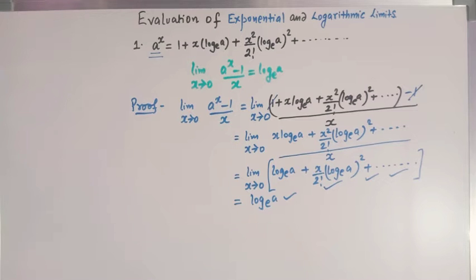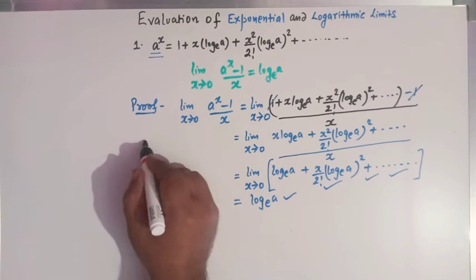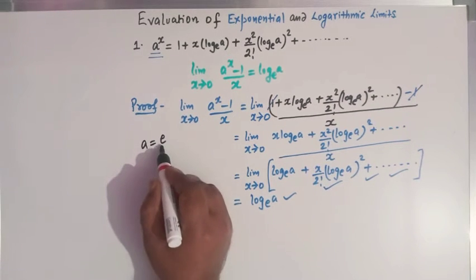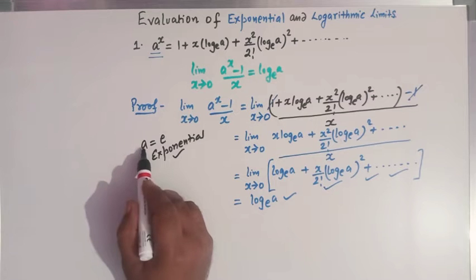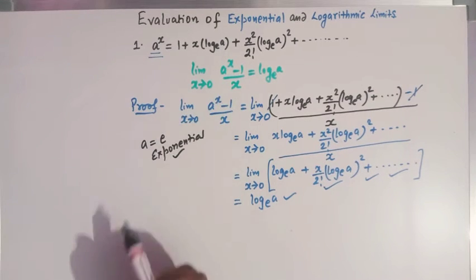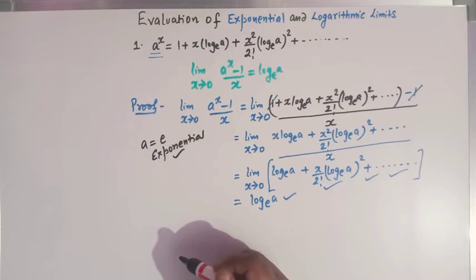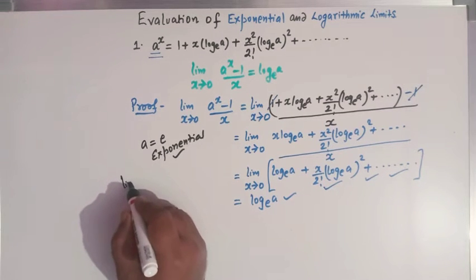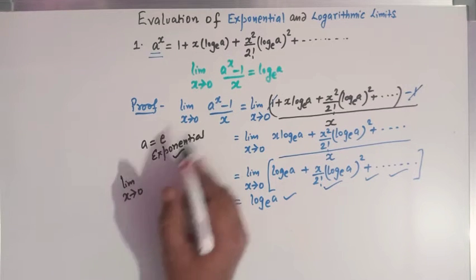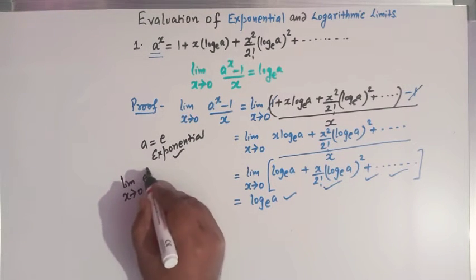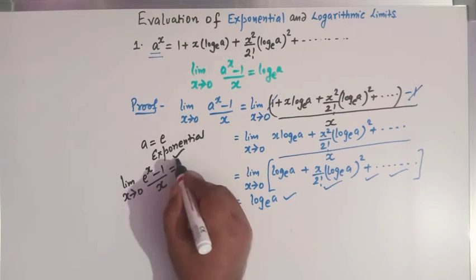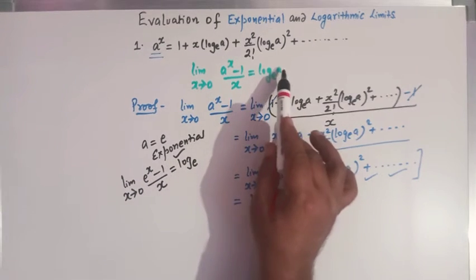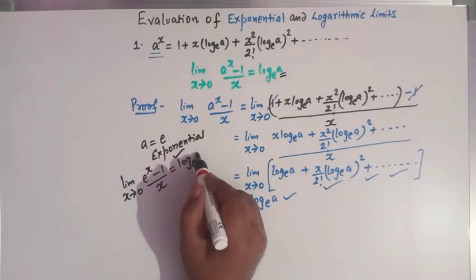Now here we have an important result if we substitute a as e, right, where e is the exponential number. So if we substitute a is equal to e in this result, then we get an important limit, and the limit is limit x tends to 0 of e raised to x minus 1 divided by x is equal to log e, and here for a we have e, right?